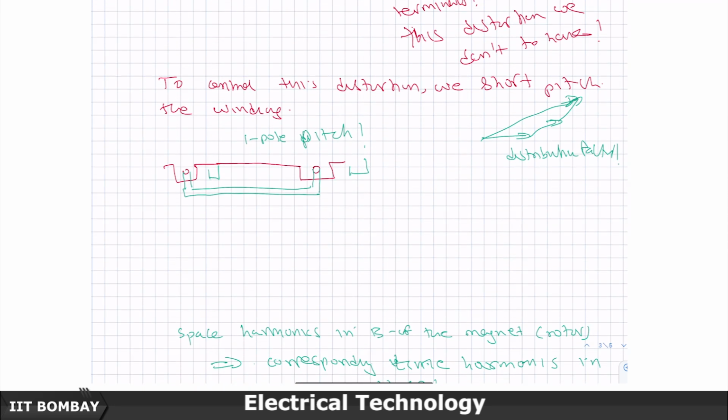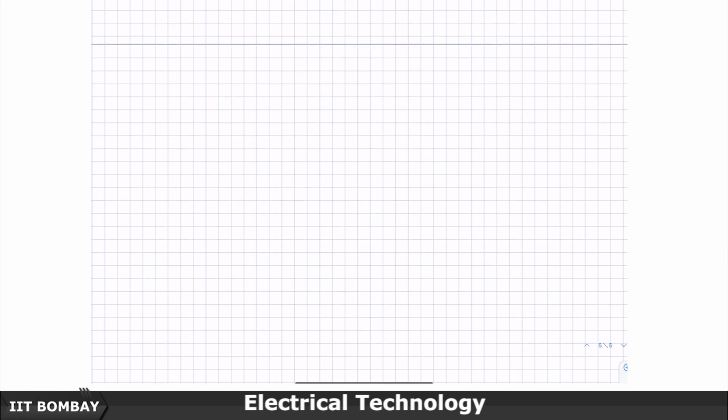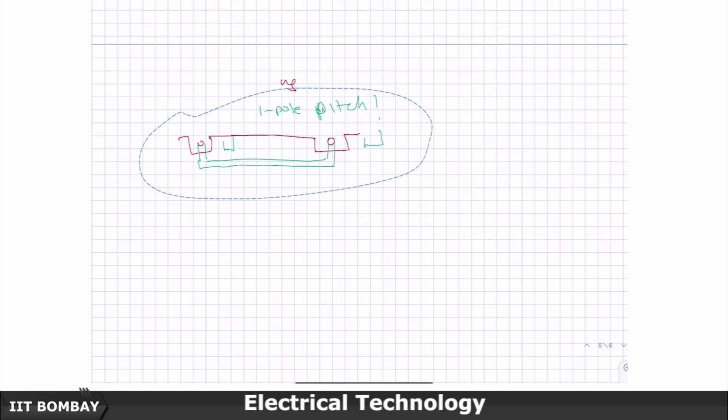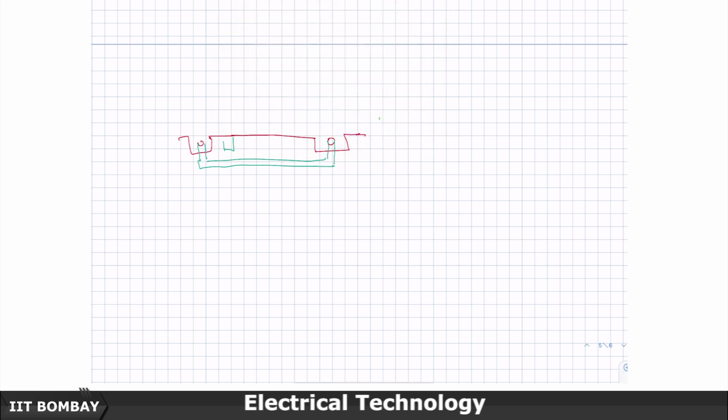The motivation we have got pretty well. Let me copy this and paste it here. Now, I will modify this figure a bit, and assume that this is my one pole pitch.